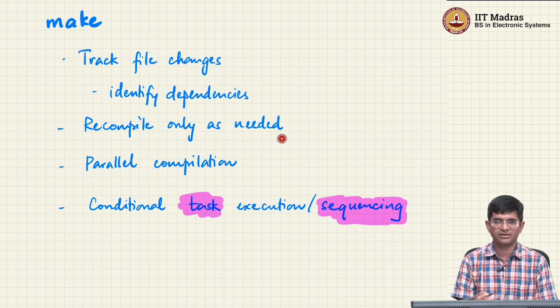So, it will check the dates of modifications, and it will also check dependencies. If you specify somewhere that arith.c depends on arith.h, then anytime I modify arith.h, it will go back and recompile arith.c, which also means you have to be a little careful about how you specify these dependencies. It's not always obvious. The easy thing to do is just say that everything depends on everything else and you are back to square one.